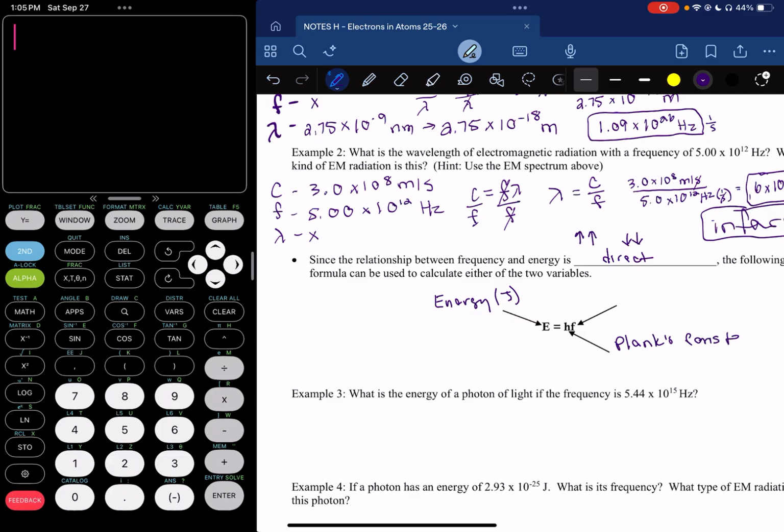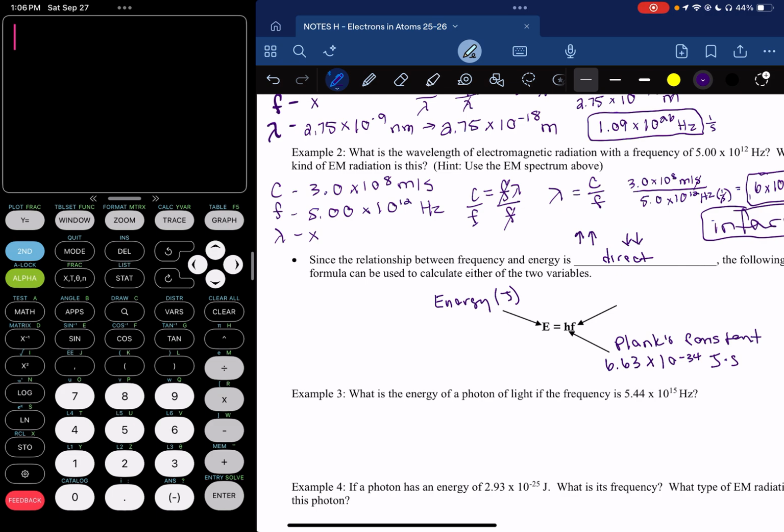The number is always going to be the same. So when you see that plain H in your formula, you're going to use 6.63 times 10 to the negative 34, itty bitty, joules per second. And then we have our frequency.